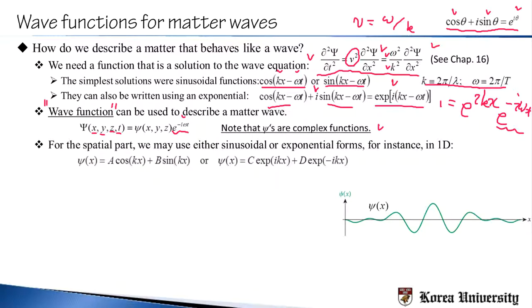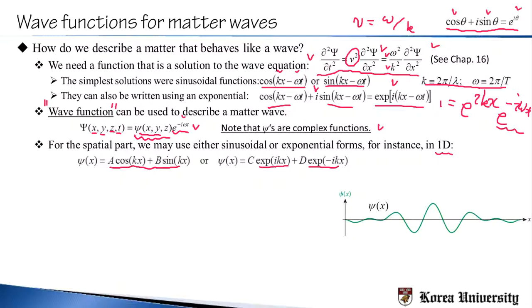And for the spatial part, this is what we are more interested in. Dealing with the time term is a lot more difficult, and we are not going to study that in this chapter. So we are only going to think about this spatial term, and for simplicity we will discuss 1 dimension first. The simplest way to represent this function will be a simple linear combination of cosine kx and sine kx, or a linear combination of exponential i kx and exponential minus i kx.